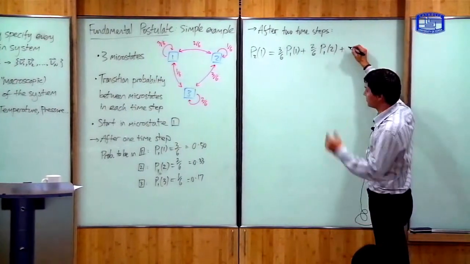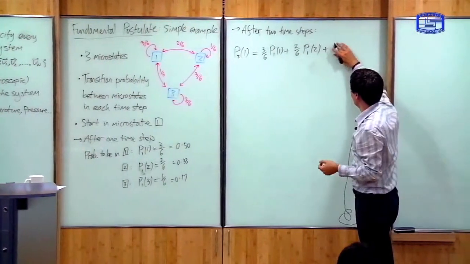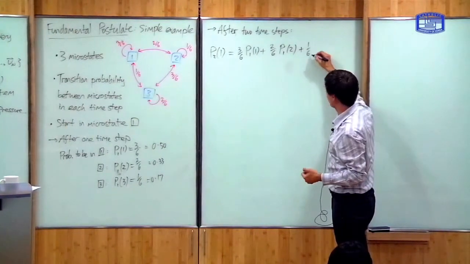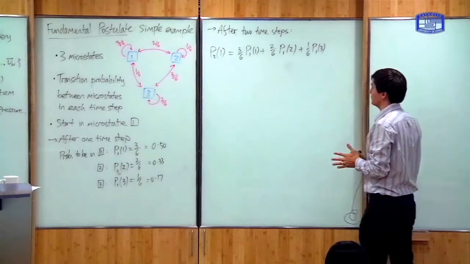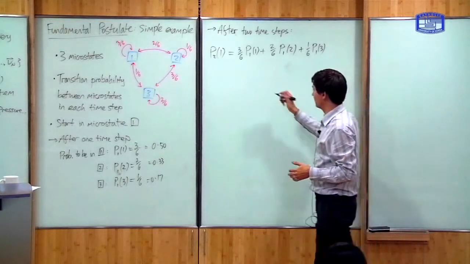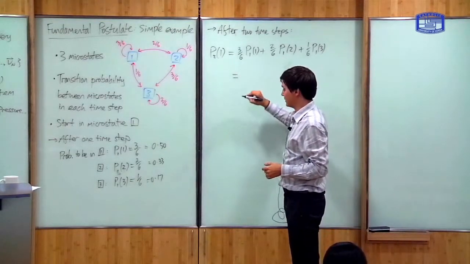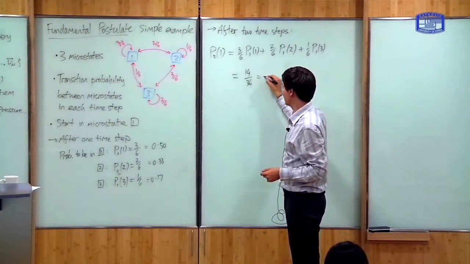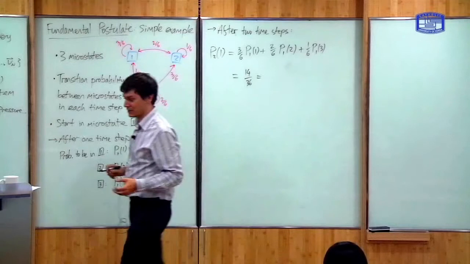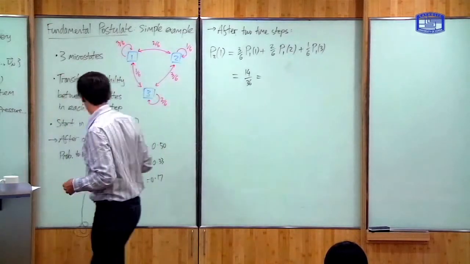And then finally I could go from 1 to 3 to 1. And this one is 1/6, P1,3. And if you work this out, this turns out to be 14/36, which as a decimal is 0.39.